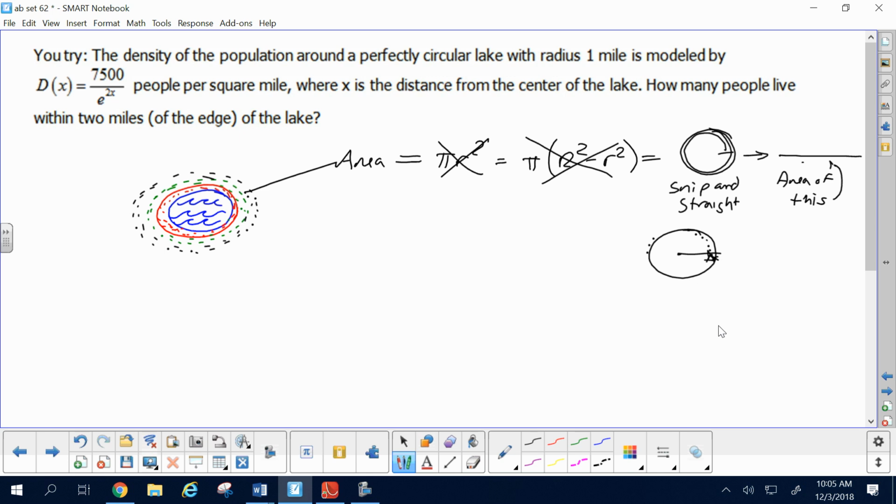So wouldn't you agree that in terms of units, we need density, which is people per square mile, and I need to multiply that by area, which is square miles, and that would give me people. Yeah? All right. So did you take the density function? Okay.